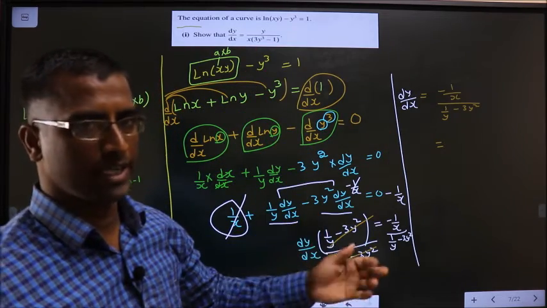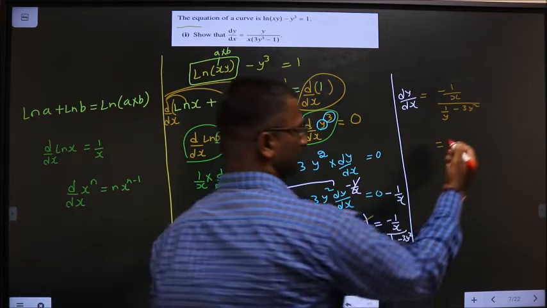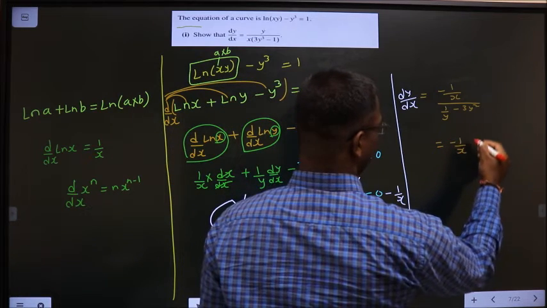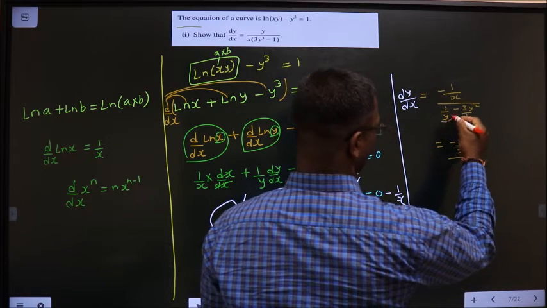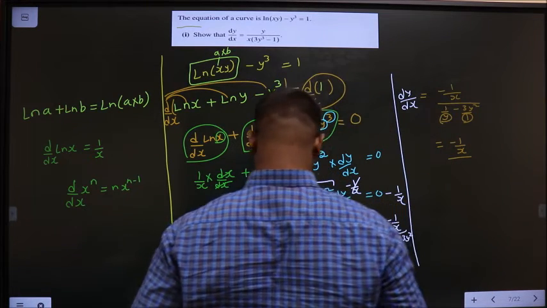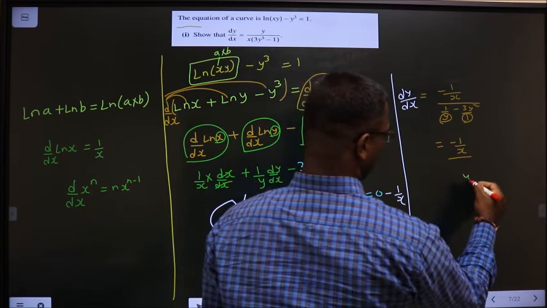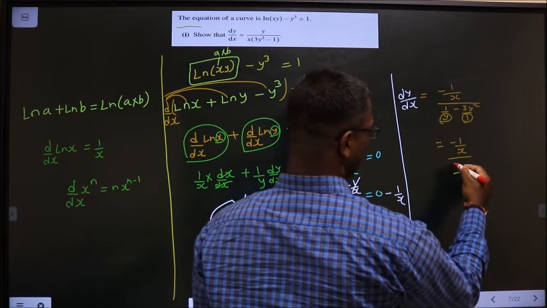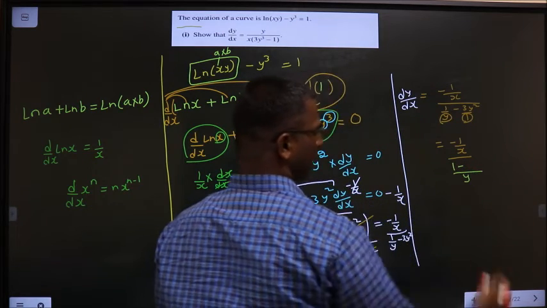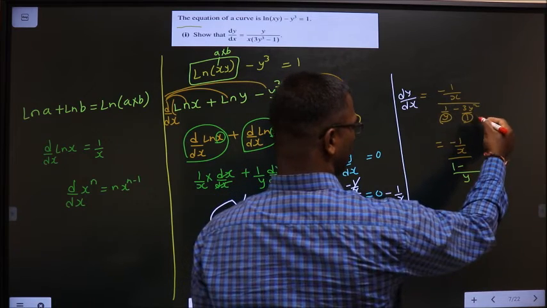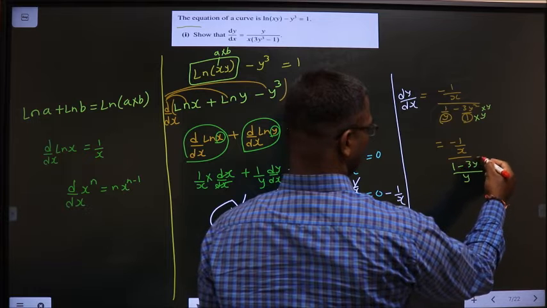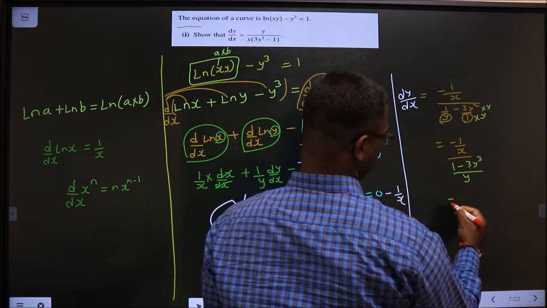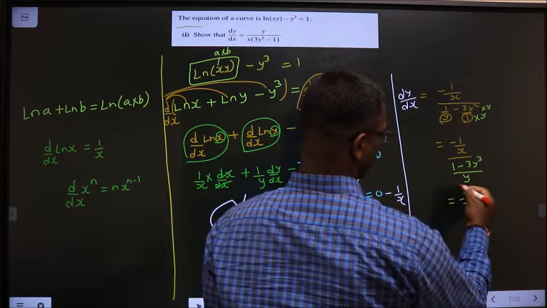So let us simplify. How do we simplify? Take the LCM here. Over here the LCM of y and 1 will be y. So here y, so I don't need to multiply with anything. Here 1 should become y, means multiply with y. So I get 1 minus 3y cube over y. So this is minus 1 by x.